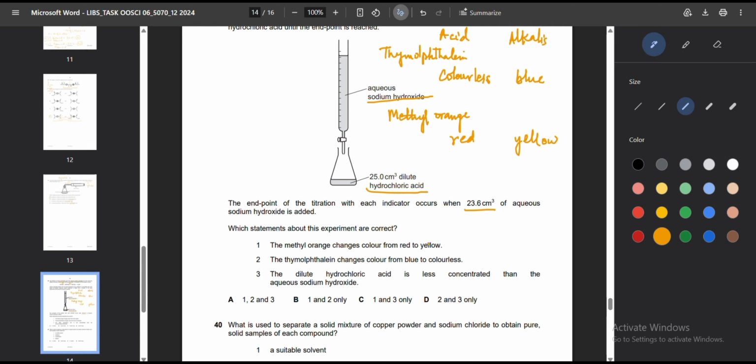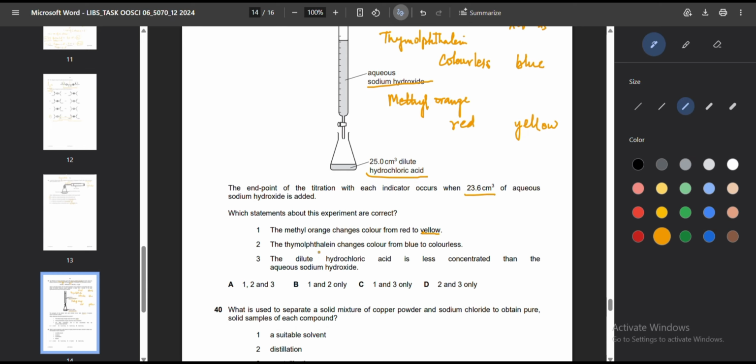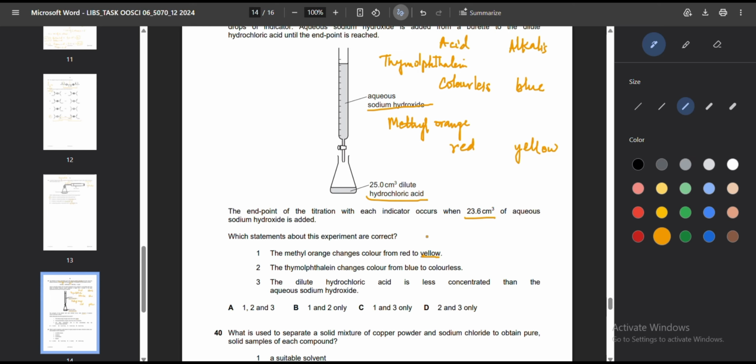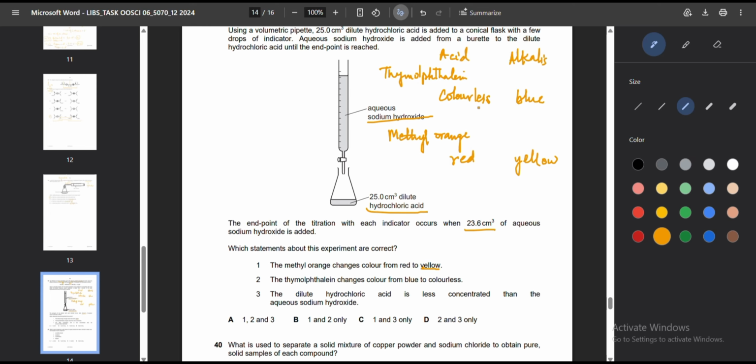That means it has gone above the end point. More alkali has been added, or the alkali is more concentrated, due to which the color has become yellow. Orange color has changed, a little bit faded to yellow. Thymolphthalein changes color from blue to colorless. No, from blue to colorless, it's wrong.